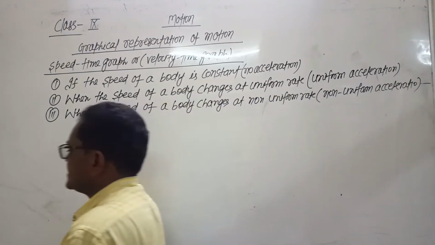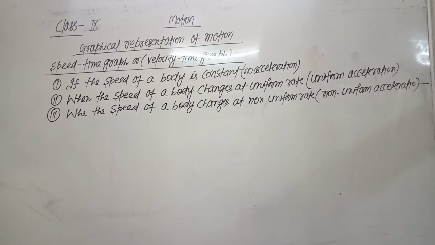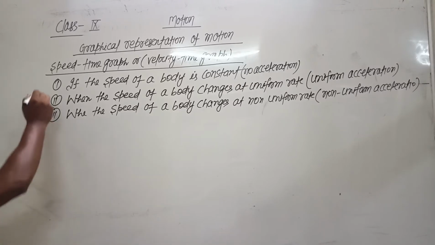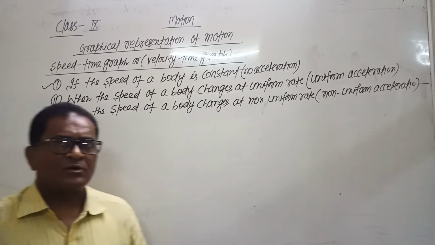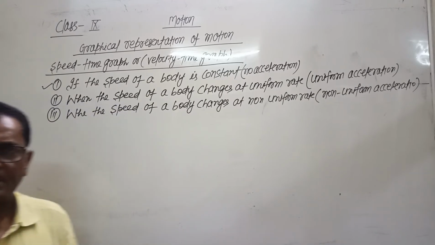So, in a speed time graph, we will discuss three cases. First, if the speed of a body is constant, it means it has no acceleration. This is the first case. Second, when the speed of a body changes at uniform rate, it means it has uniform acceleration.